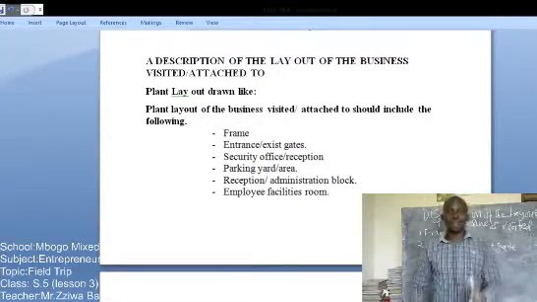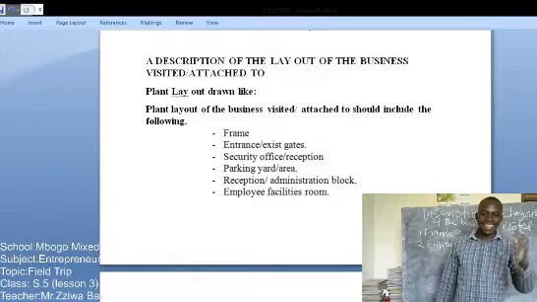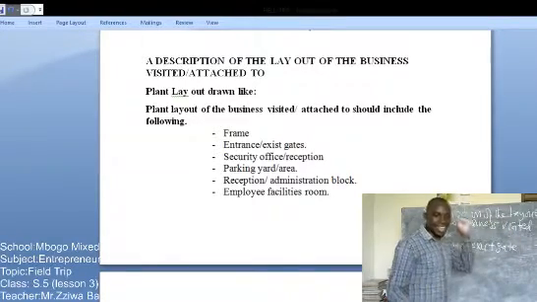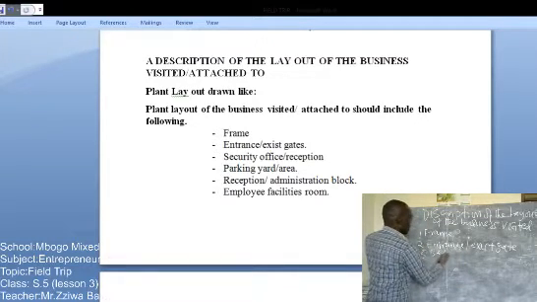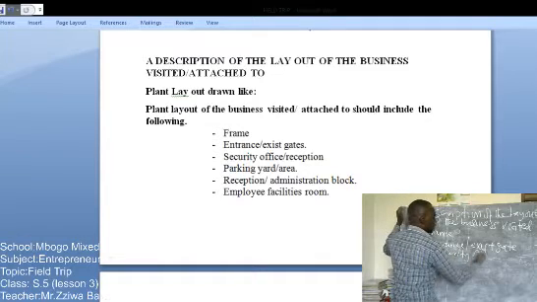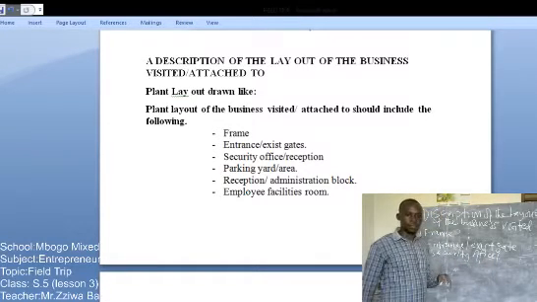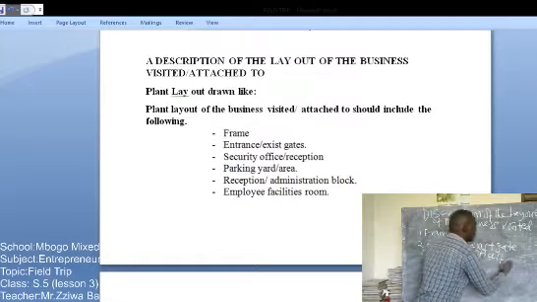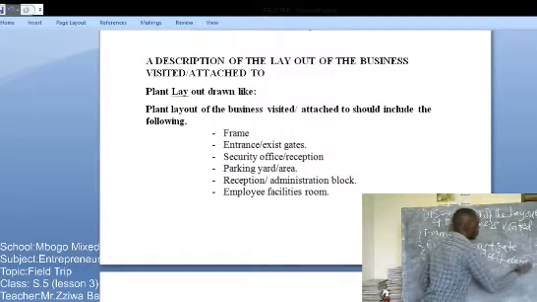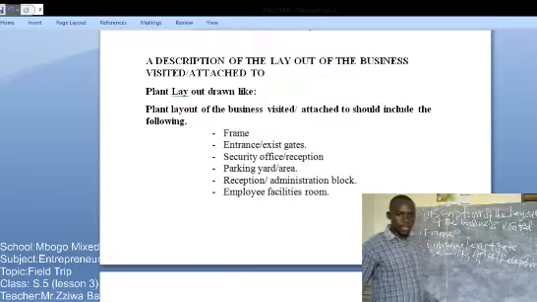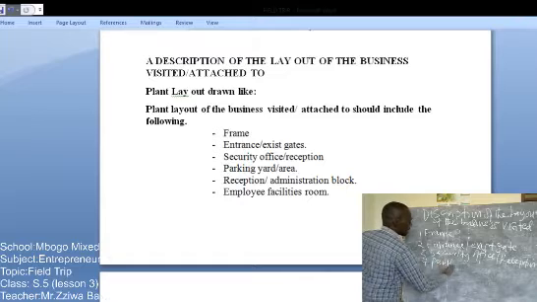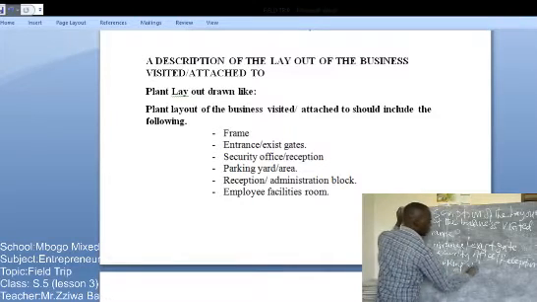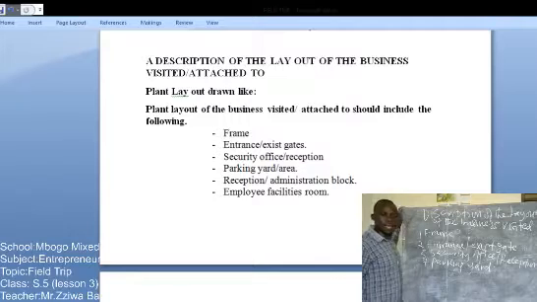That's why we have provision of the entrance and exit gate. Then in serious businesses, we have security office, where we can even put the reception. The other element, parking yard, or parking area.